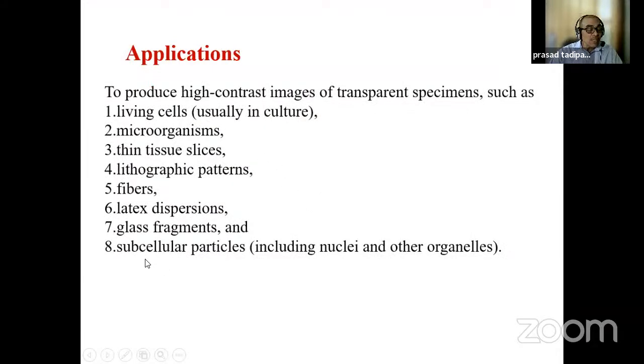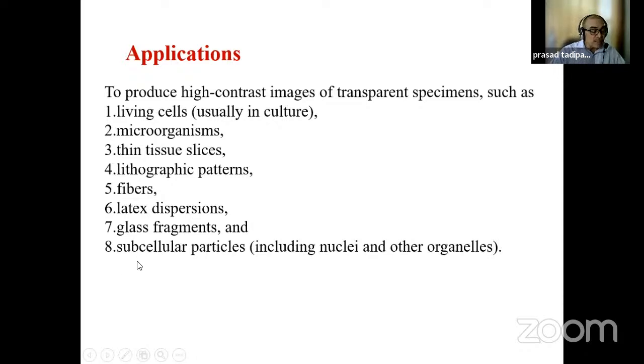What are the applications where we are using the phase contrast microscope? It produces high contrast images of transparent specimens such as living cells, microorganisms, thin tissue, lithographic patterns, and even fibers, latex dispersions, glass fragments and subcellular particles.